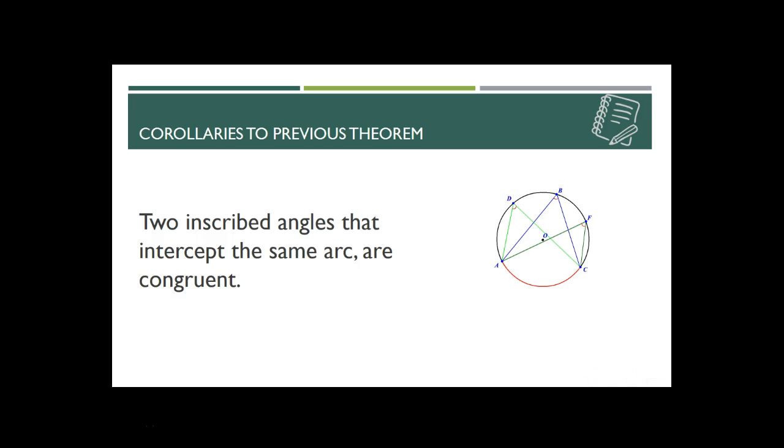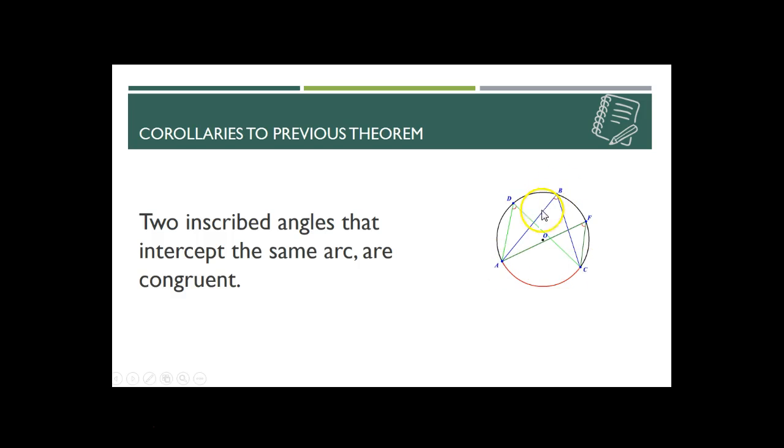The next theorem that we have going on today deals with corollaries to the previous theorem. The first one says that if you have inscribed angles that intercept the same arc, they are congruent. So if you notice, I have this arc AC here, and you can see that angle D is inscribed in AC.